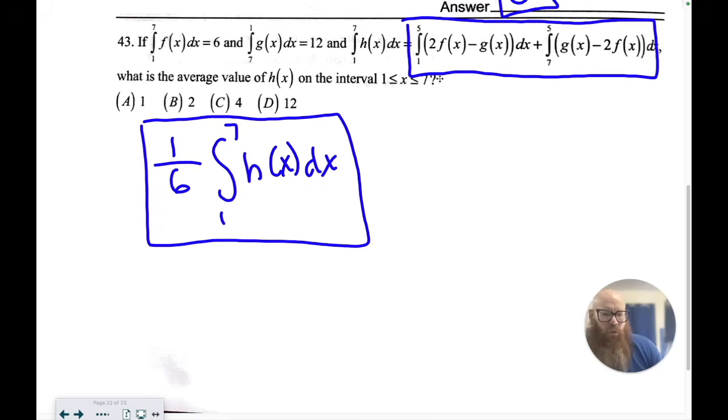All right, so we're doing the integral from 1 to 5 of 2f of x. So let's do this. Let's kind of split this up.